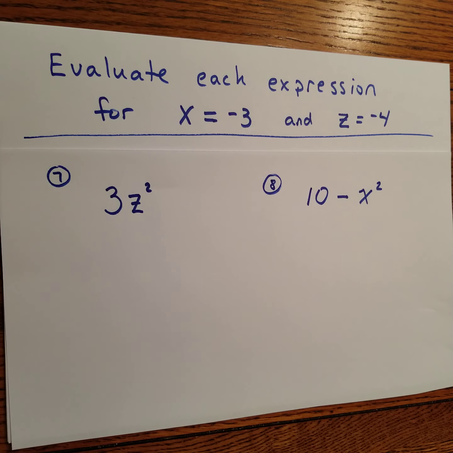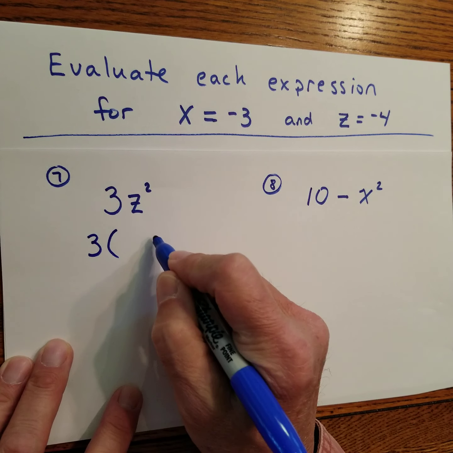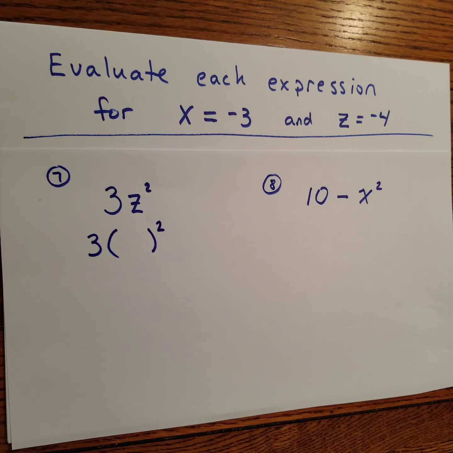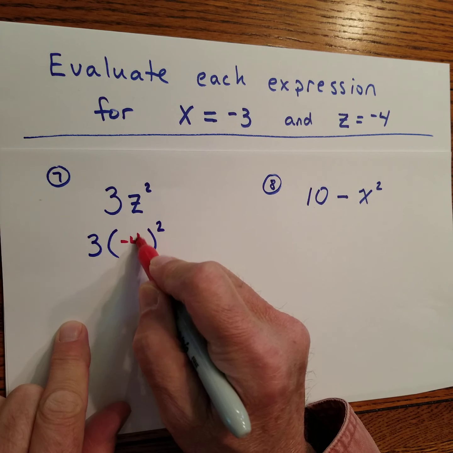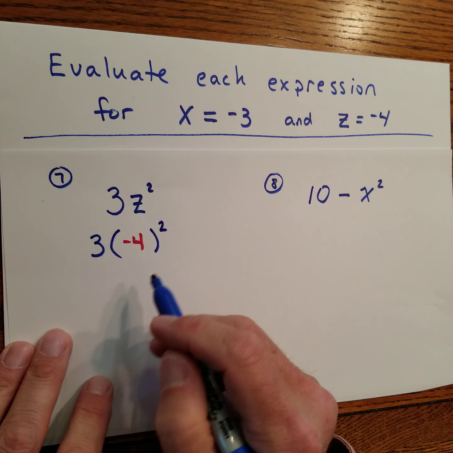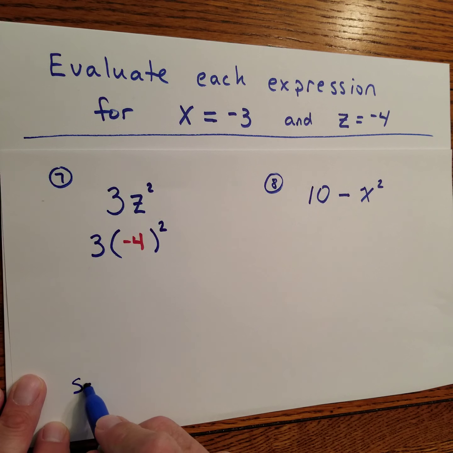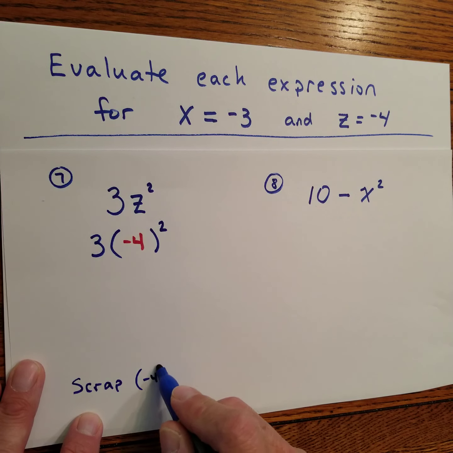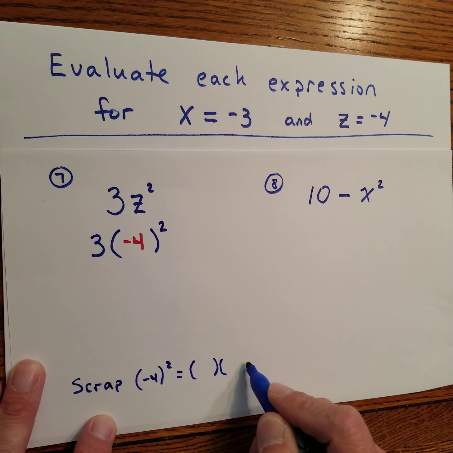Let's try 2 more. 3z squared becomes 3z squared. Now plug -4 in for z. This means to take 3 times -4 squared. I'm going to come down here and do -4 squared on scrap paper. -4 squared means everything in the parentheses twice.